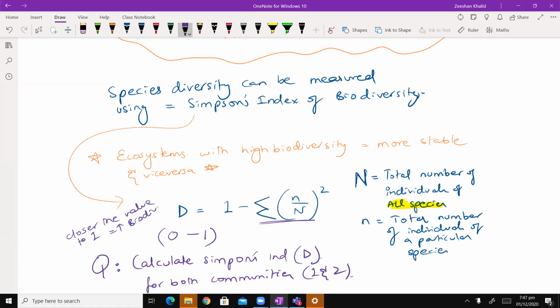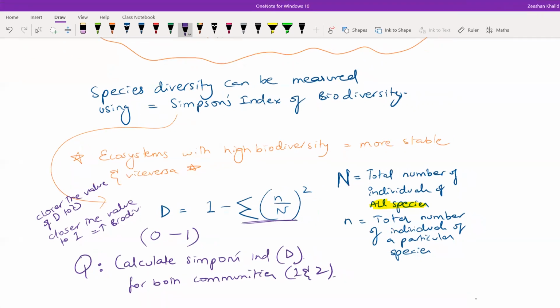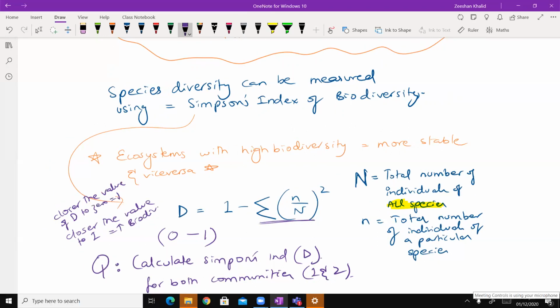And if the value is closer to 0, then of course, low biodiversity. So closer the value of D to 0 means less biodiversity. That's a very important thing that I mentioned.